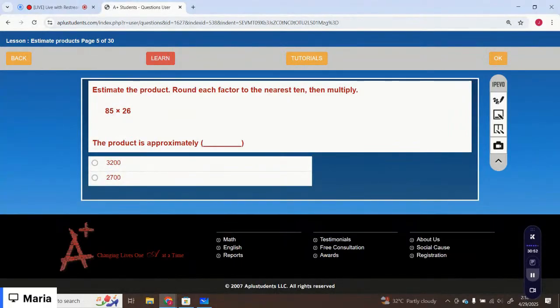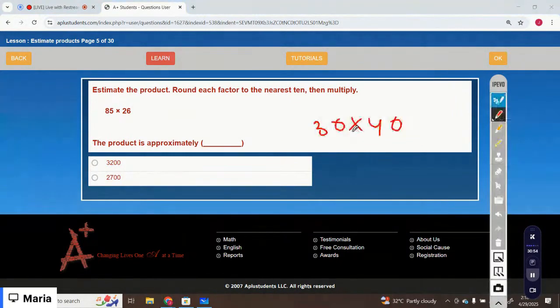Estimate the product 85 times 26. So 85 is rounded to 90 and 26 is rounded to 30. So which is the correct option?